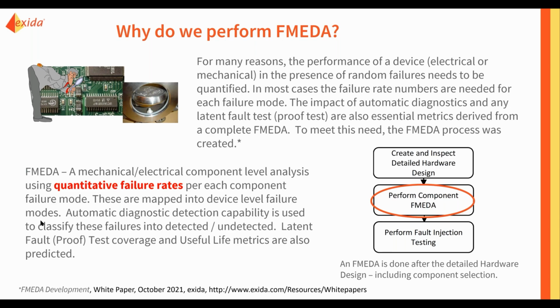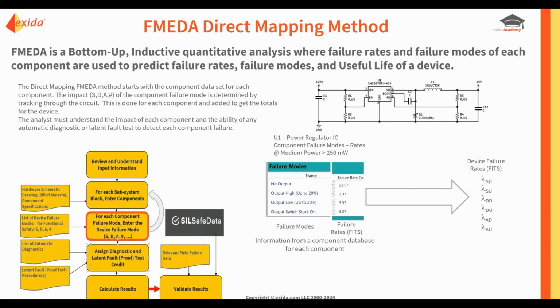And latent fault test coverage is then used to separate the dangerous undetected failures into dangerous undetected by proof test and residual dangerous failures, which is kind of the worst metric of all, and we don't want to see that happen. We want to minimize that number. Useful life is an important part of the metrics that all of you reliability engineers understand. All of this should come from a good FMEDA.